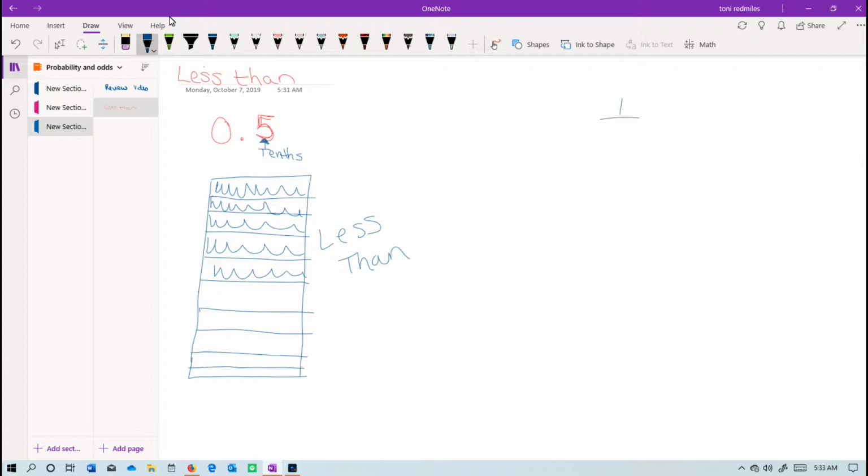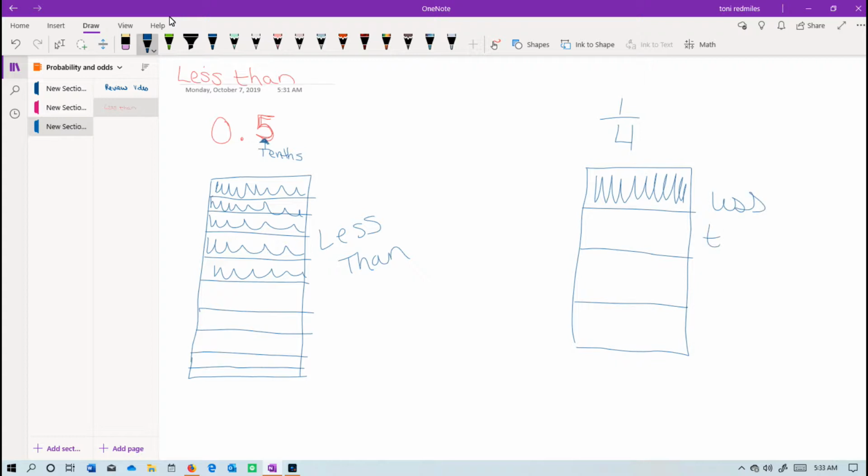Let's say I have the fraction 1/4. That means I have a candy bar. It's cut into fourths. And I color in 1. This is less than 1 whole thing. I don't even have a whole thing.